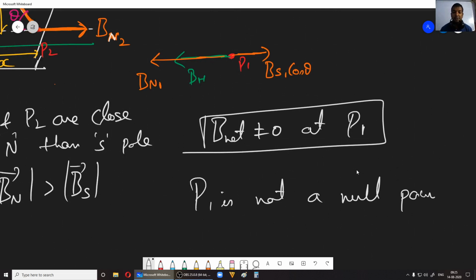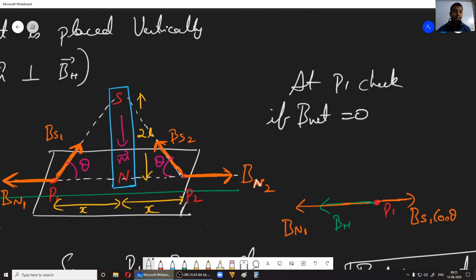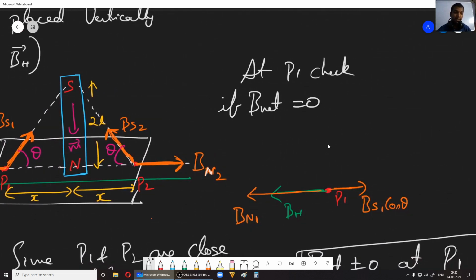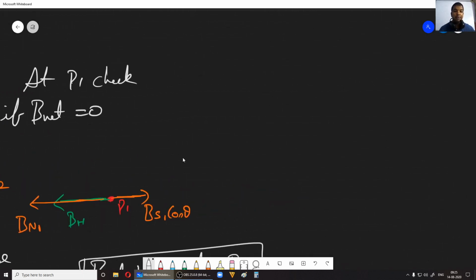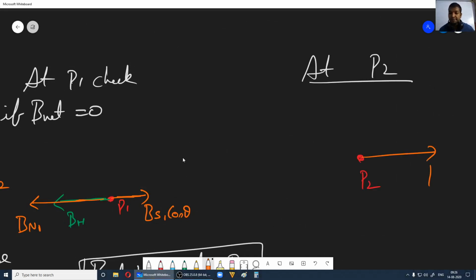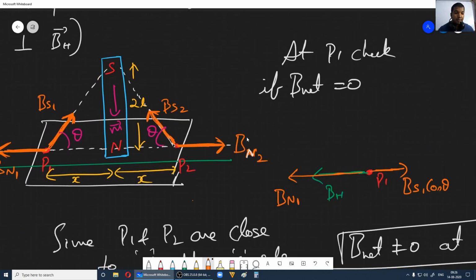Now let us look into P2. At P2 you have a possibility, and we'll check at what distance x we will get that null point. So at point P2, what are we having? You have Bn2 this way and Bs2 cos theta, which will be towards the left.